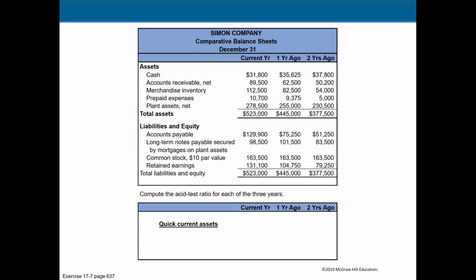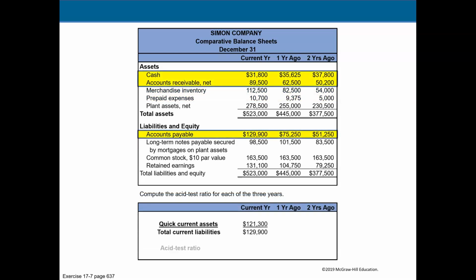Okay, now let's look at the acid test ratio, and we'll look at it for all three years. Your bottom number is going to be the same as your current ratio because it's still total current liabilities, the 229.9 for the current year. When we did the current assets, we took cash, accounts receivable, merchandise inventory, and prepaid expenses.